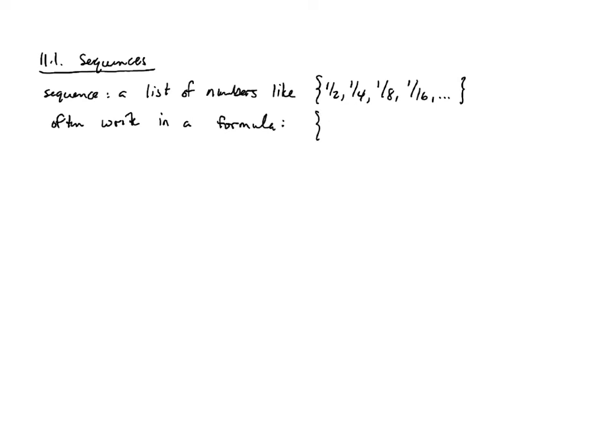So in this example, I would have 1 over 2 to the n, where n goes from 1 to infinity. So the numbers that we have on the outside, that's the range of n values. And the formula that we have inside, that's the formula for the numbers in the sequence.